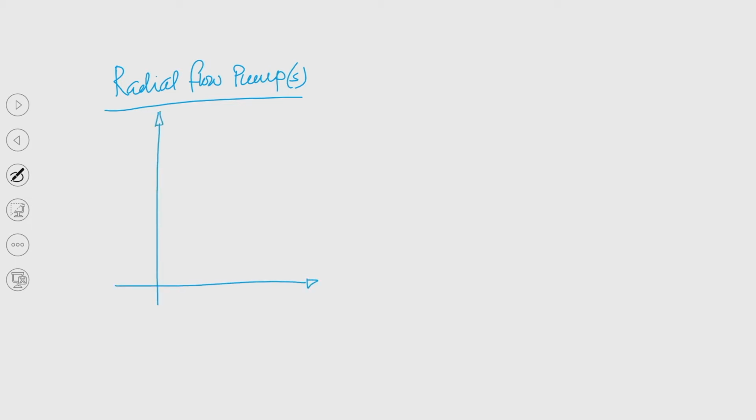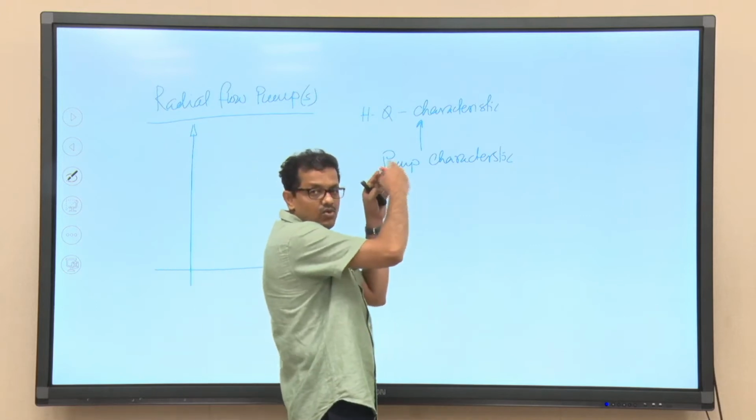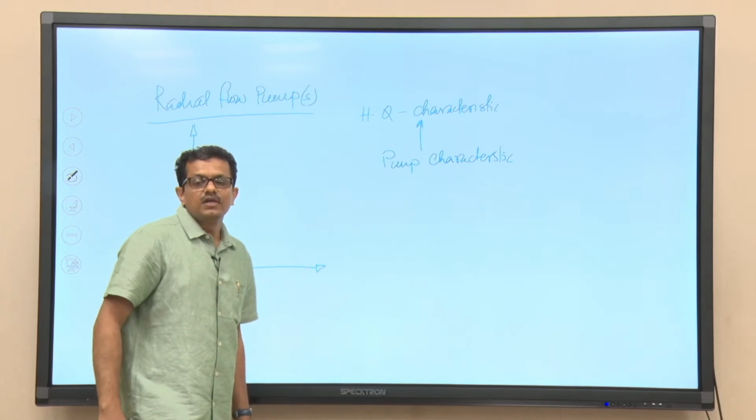If we consider a radial flow pump, we have seen that we can obtain the pump characteristic, also known as the H-Q characteristic. This H-Q curve, which is the pump's own characteristic, should be supplied by the pump manufacturer.